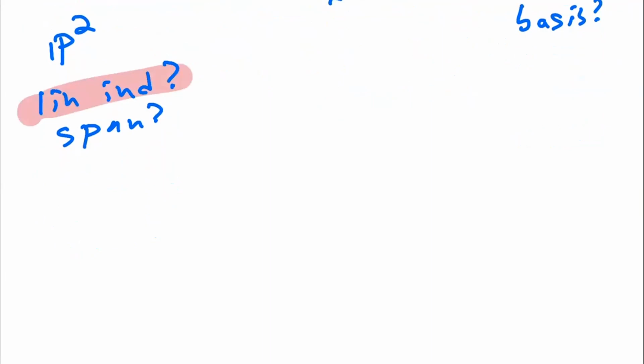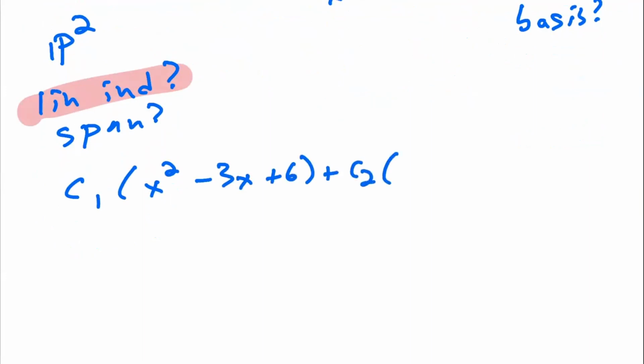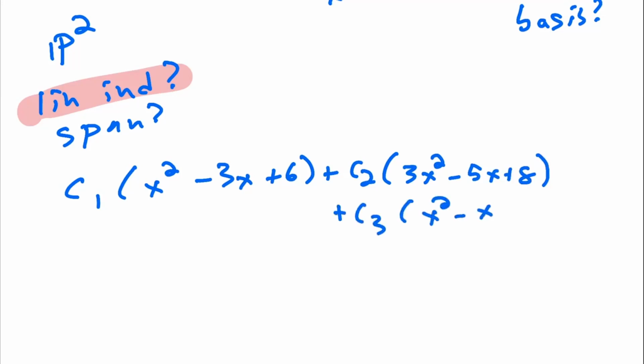In order to know whether they're linearly independent, I look at C1 times my first vector plus C2 times my second vector plus C3 times my third vector, and I'm going to set that equal to the 0 vector.